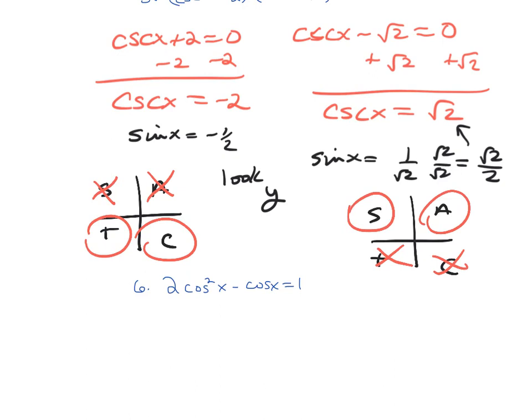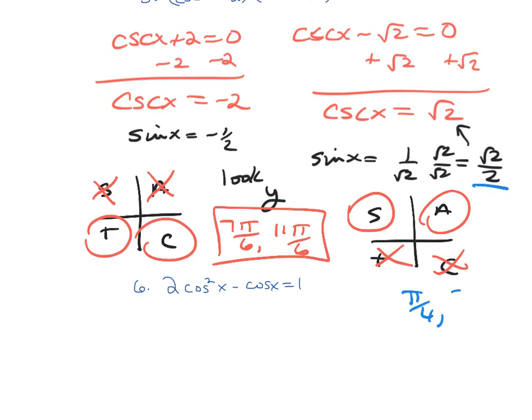So I'm looking for the y in the ordered pair where it equals negative half in these two quadrants, and that's going to be 7 pi over 6 and 11 pi over 6 for this one. And then this one, I'm looking for root 2, which is the 45, so that should be a clue that it's the denominator of a 4. So pi over 4 and 3 pi over 4.